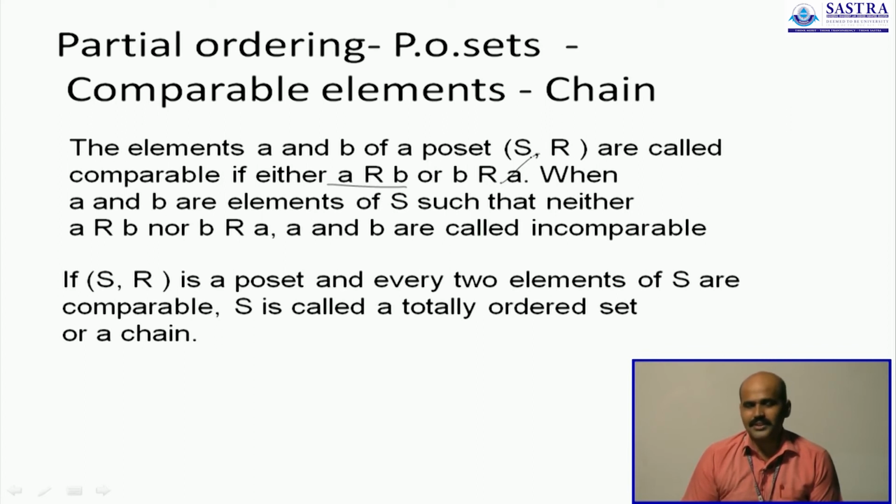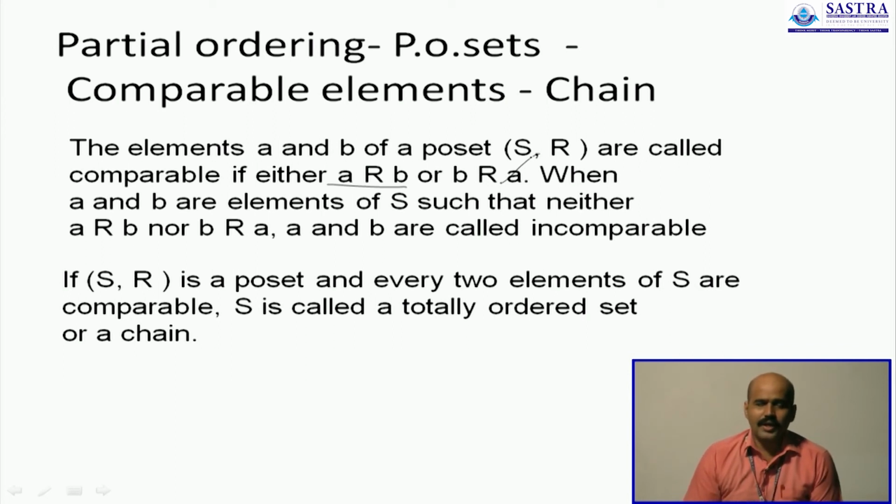If both are present, it's well and good, they are still comparable. But when you don't have either AB or BA as part of the relation, then the two elements are incomparable. Such pairs of elements which are not related to each other are what you will call incomparable.